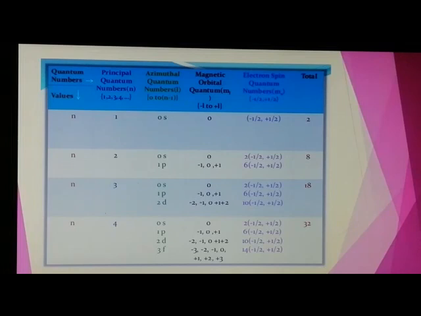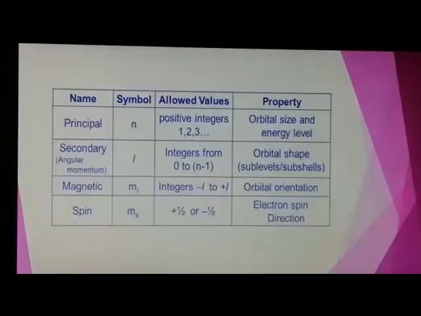When the value of n equals 2, then the value of l is 0 and 1. So the value of m is 0, and 0, +1, -1, and the spin is given. This table also summarizes the 4 quantum numbers. In this table, the name, the symbol, the values and the importance of all the 4 quantum numbers are given.